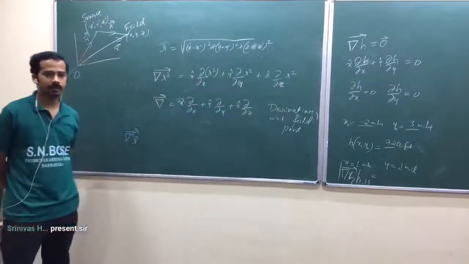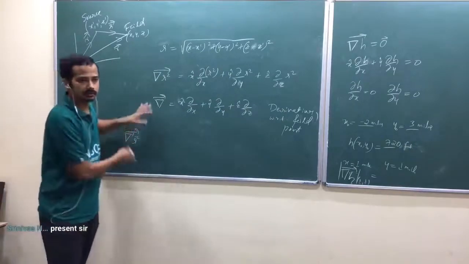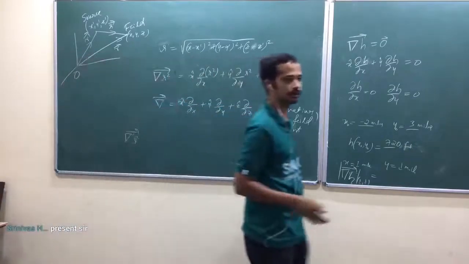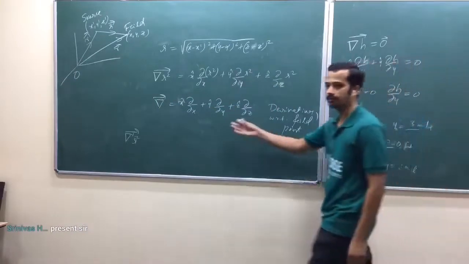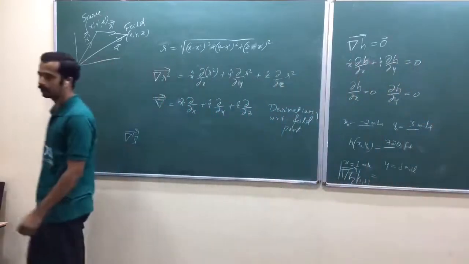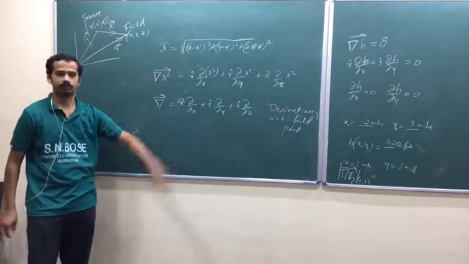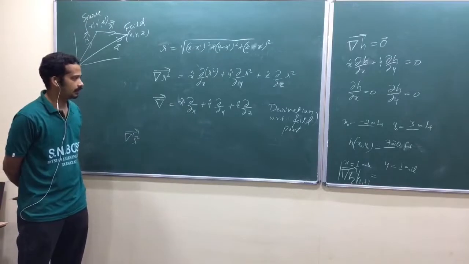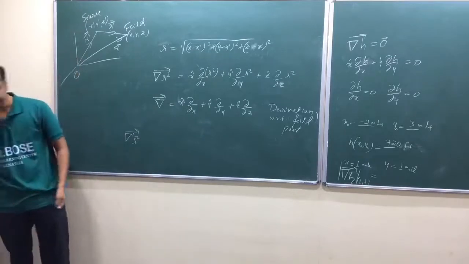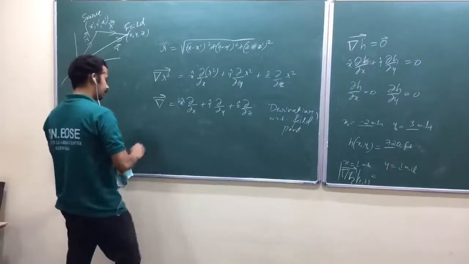Is that okay? We will take the field as created by some source. We will not talk about the source. Only in the 4th chapter, am I right, we will get into how those are created. We will get into matter.